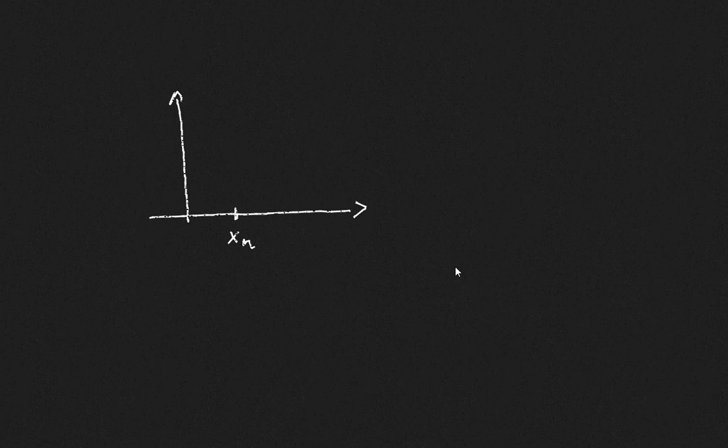These all could be random vectors, but let's stay in R. And you have your Gaussian displacement, and you select a new point. Let's say you go to xn plus 1.